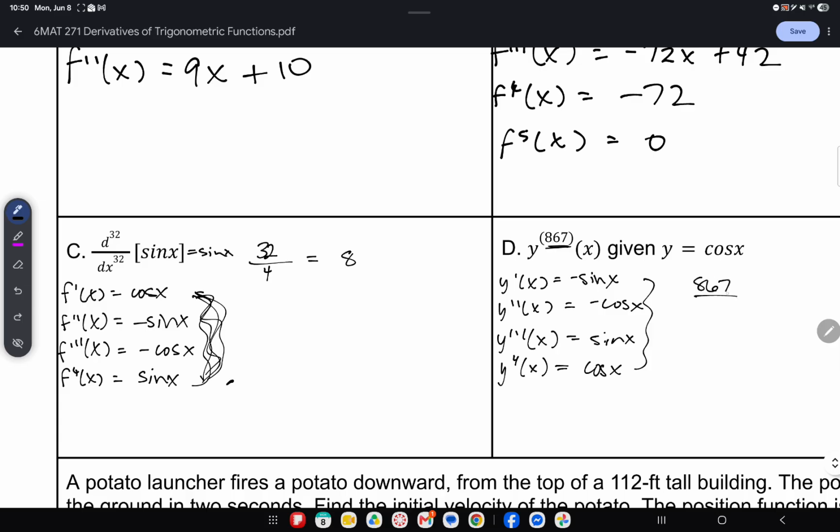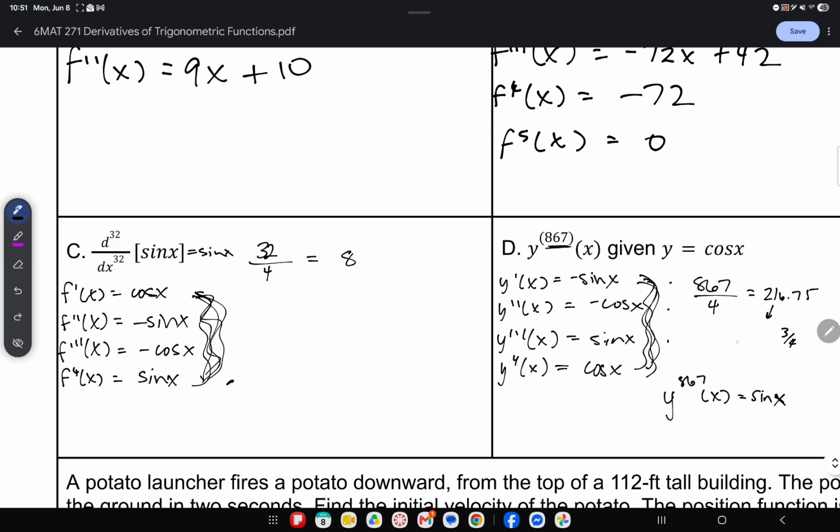So if I take 867 and divide it by 4, 867 divided by 4, I get 216.75. So I get 216 rounds of this, but then I have 0.75, which is 3/4. So I have 3 left over. 1, 2, 3. So the 867th derivative of cosine is sine of x.